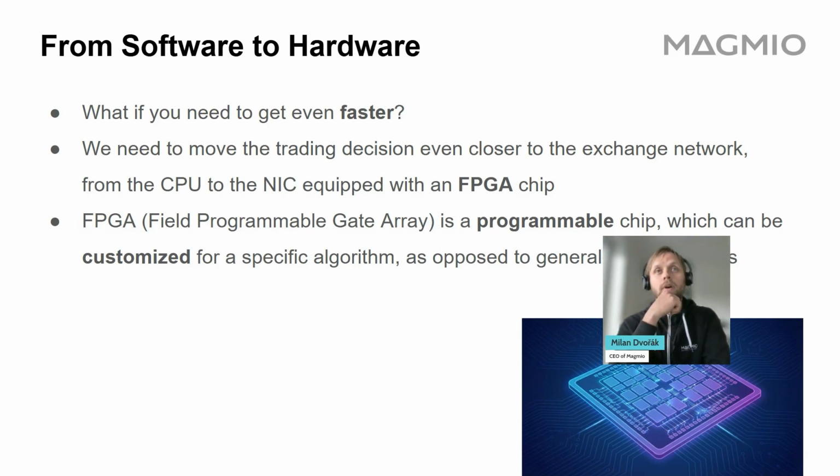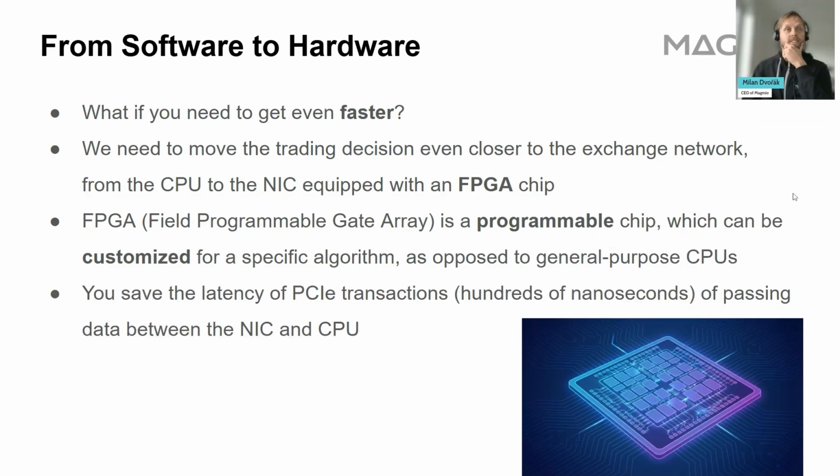If you compare that to a CPU, that's general purpose, so it's been designed so it can support a wide range of algorithms, but it's not that fast. Whereas with an FPGA, the hardware can actually be rewired, so the physical hardware basically changes to implement the logic as optimally as possible for the given use case, which in this case would be a trading strategy.